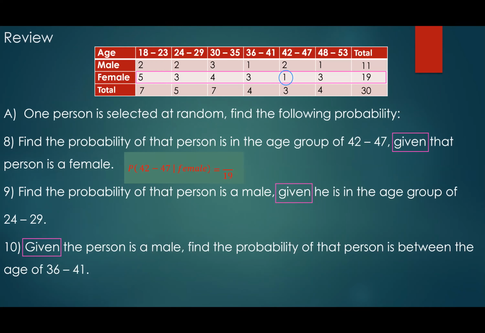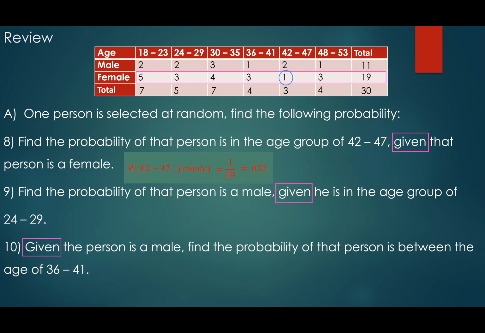Like I mentioned, we need to extract out all the females, the condition that has to be met. We are no longer dealing with the 30 people. We deal with just the 19, because that is the female category. I have 19 of them. Now, out of that 19, how many of them fit the description, in this case one person in the age group of 42 to 47, which is 1 over 19. If you divide this, you have 0.053.